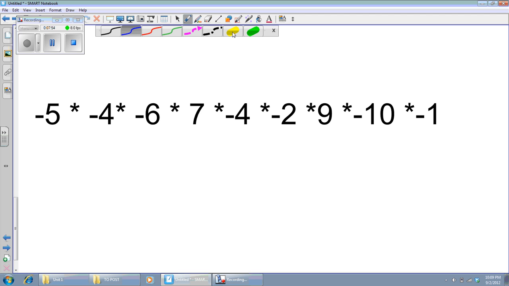All I'm going to do is count the word negative. 1, 2, 3, 4, 5, 6, 7. There's 7 negatives. 7 is an odd number. The final answer will be negative. If you don't believe me, check it on a calculator. This is going to equal a negative answer, whatever it may be.